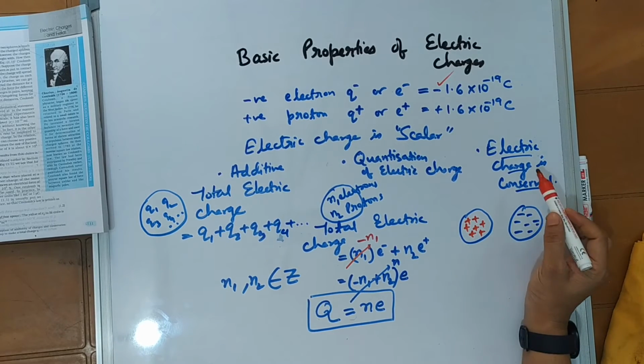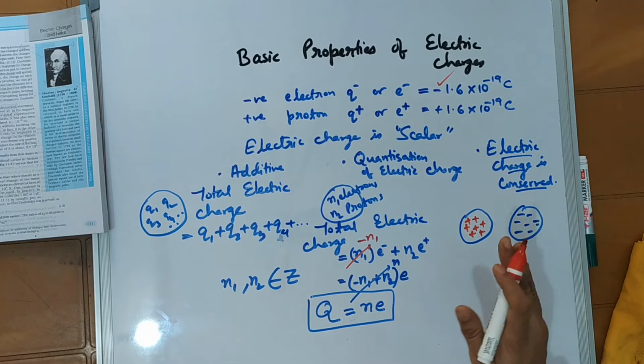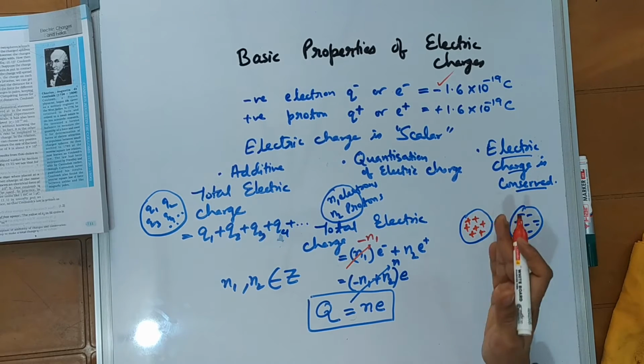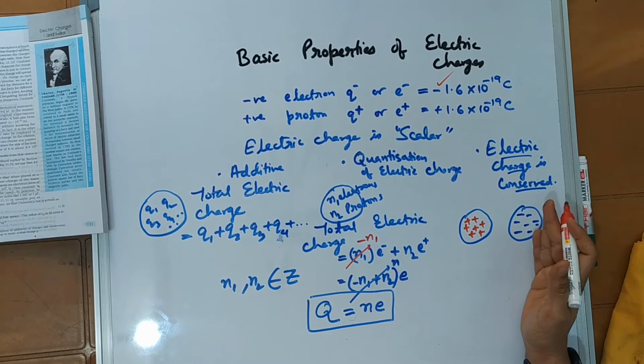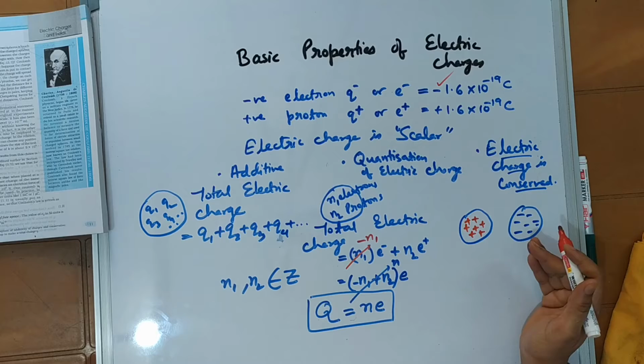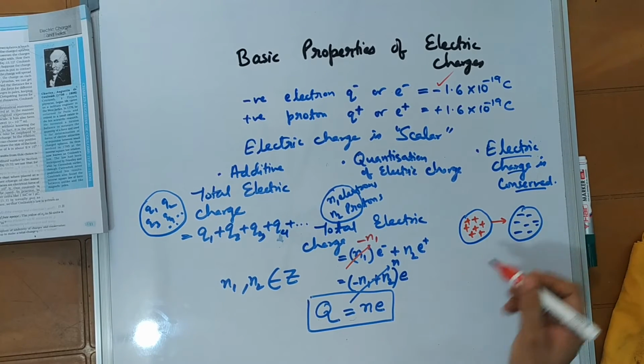So what is the meaning of electric charge is conserved? The amount of electric charge lost by a system is equal to the amount of charge gained by the other. So electric charge is neither created nor destroyed. It is only transferred from one body to the other.